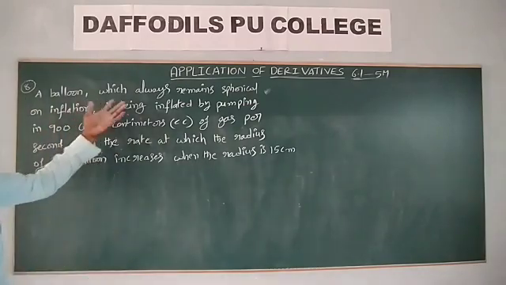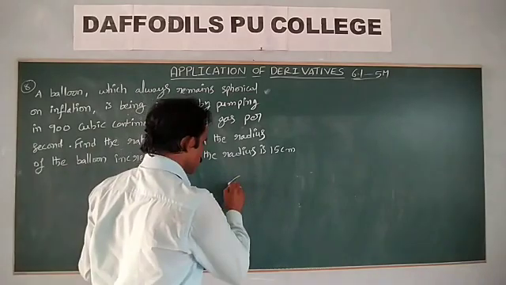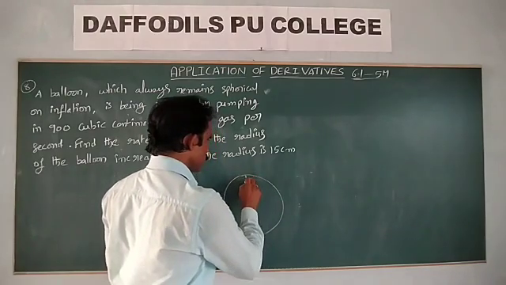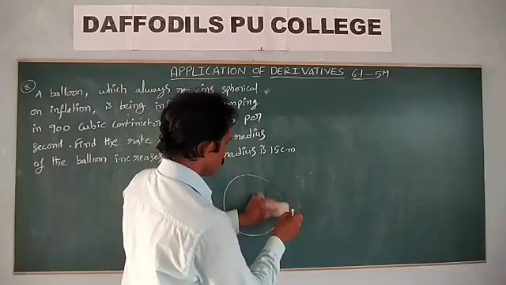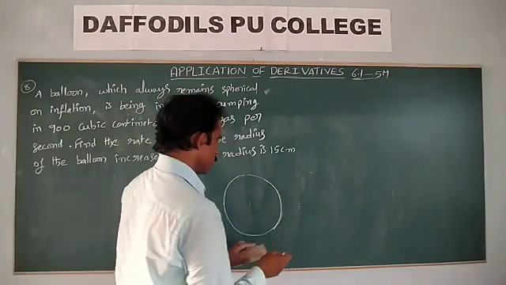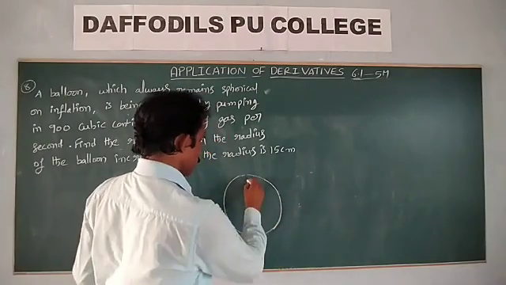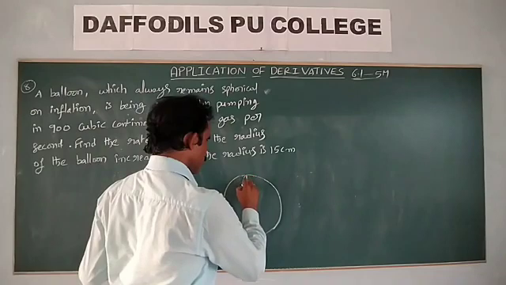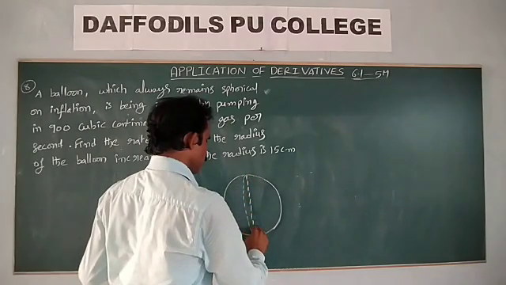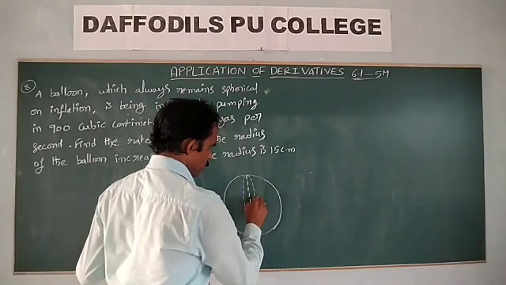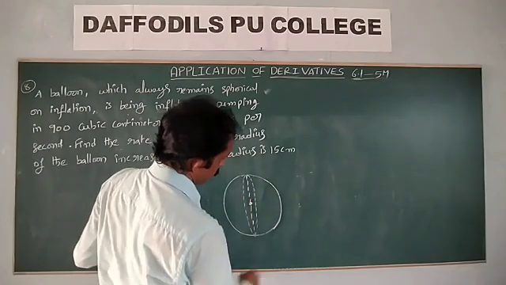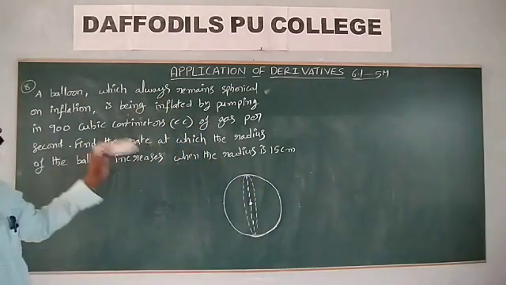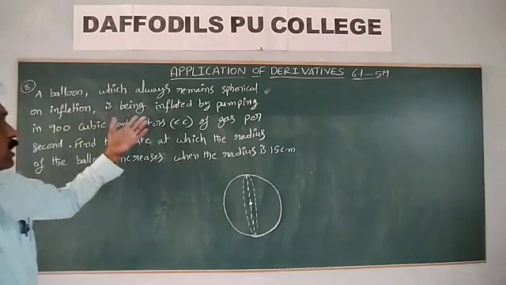First, read the question. A balloon which always remains spherical on inflation is being inflated by pumping.